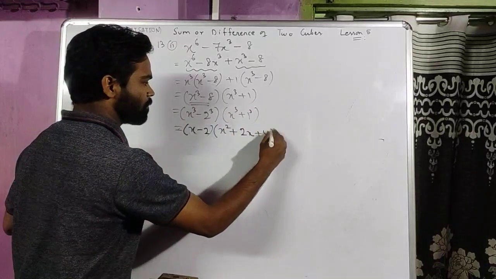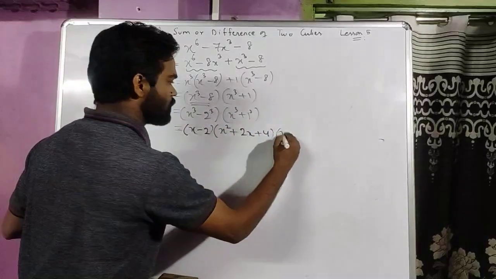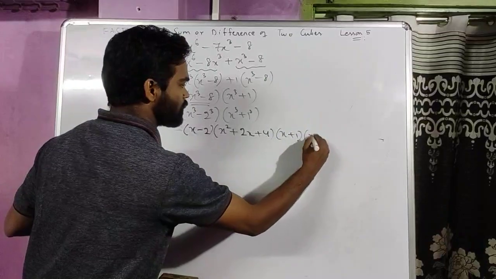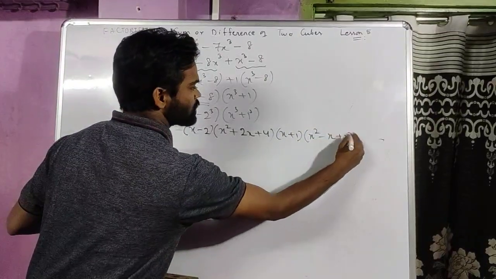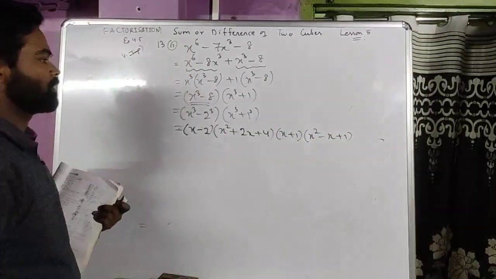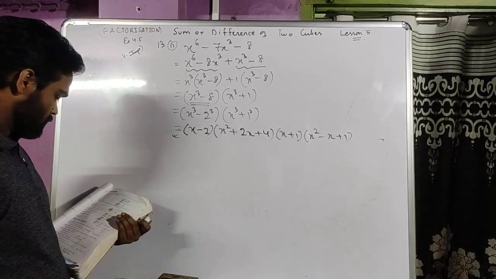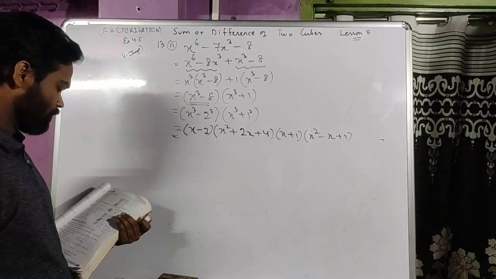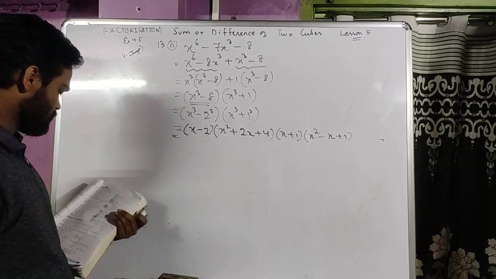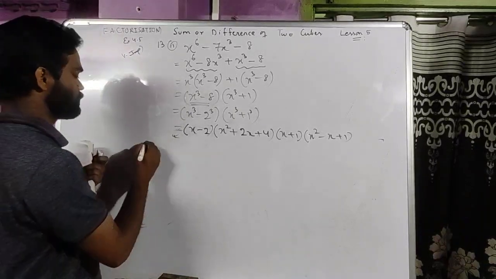This will be a plus b, a square minus ab plus b square. So this was sum number 13 part 2. We'll do one more sum, the last sum, 12 part 2.